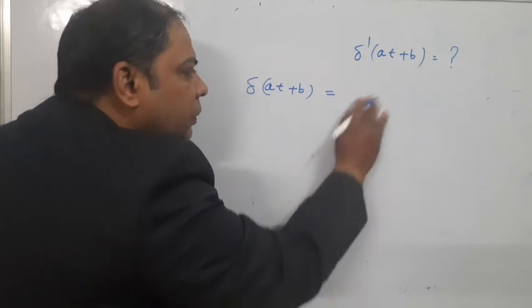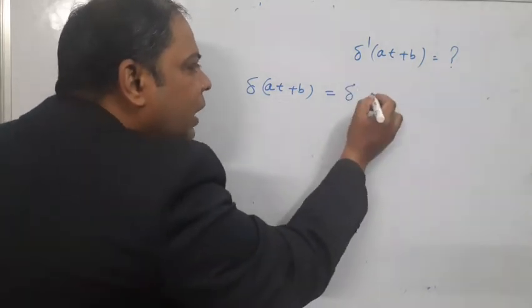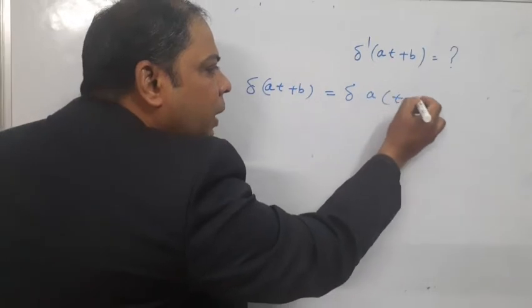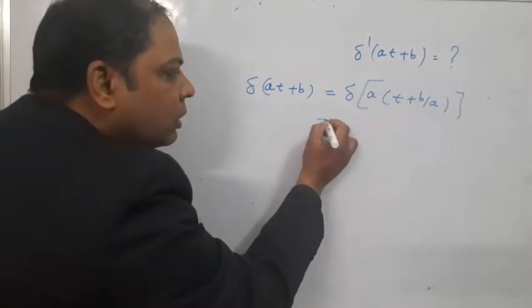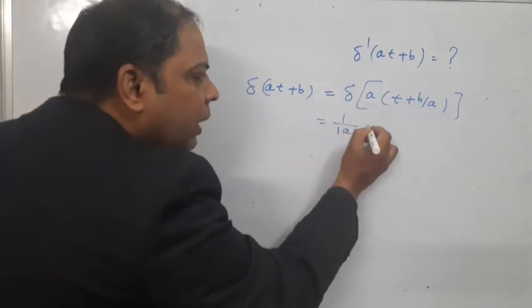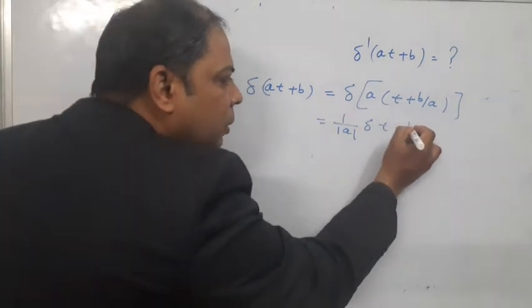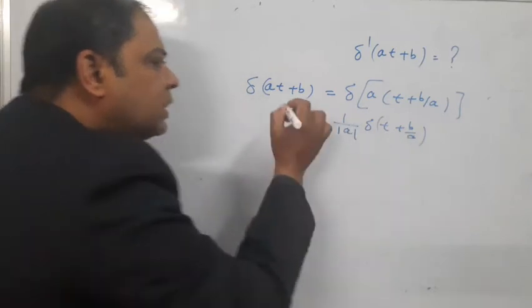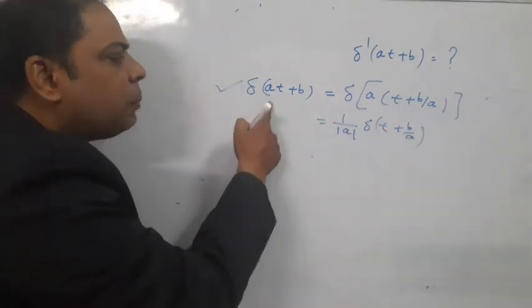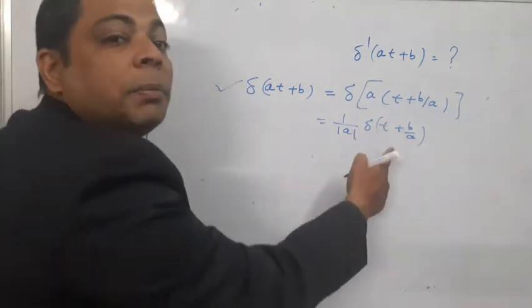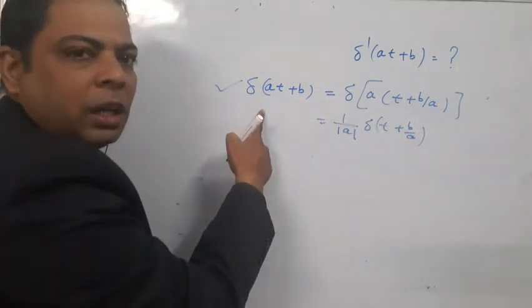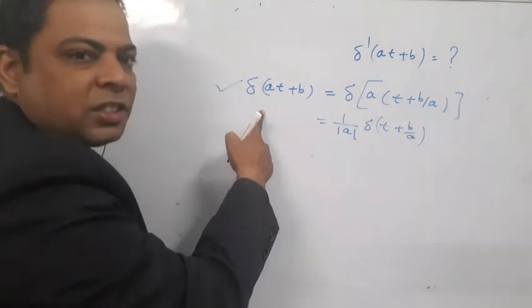See, first you can write it in this manner: take a outside, del of a times t plus b by a, which is 1 by mod a del of t plus b by a. So this is the property, that means del at plus b is equal to 1 by mod a del of t plus b by a. This is the property in the case of your impulse.